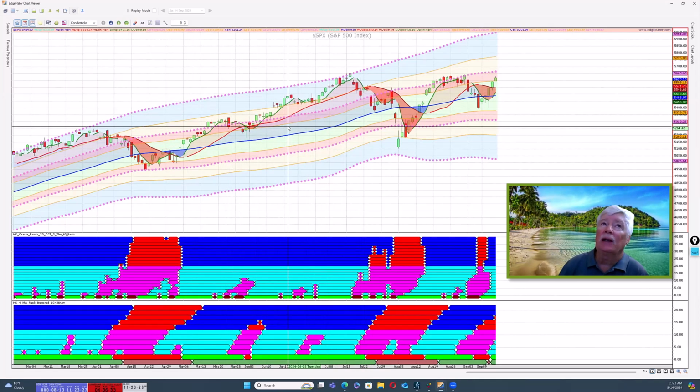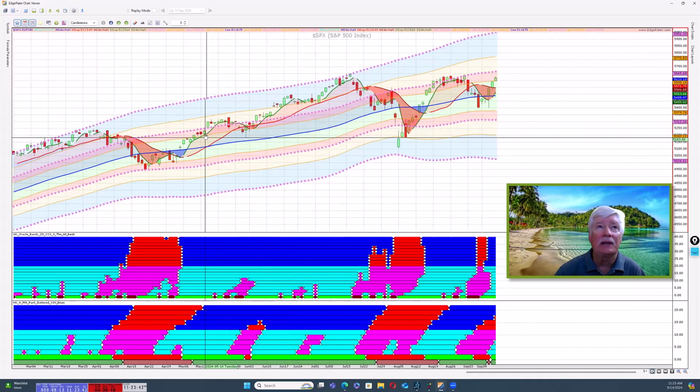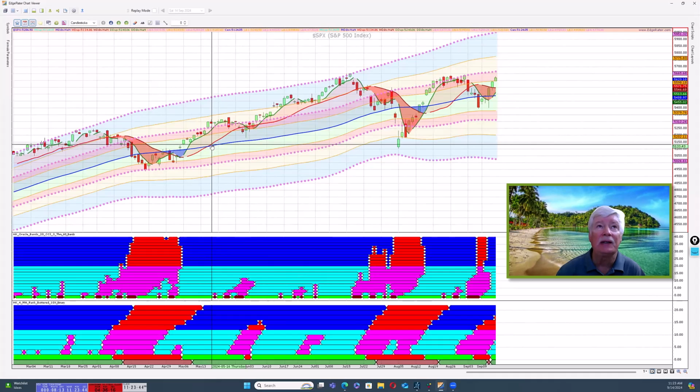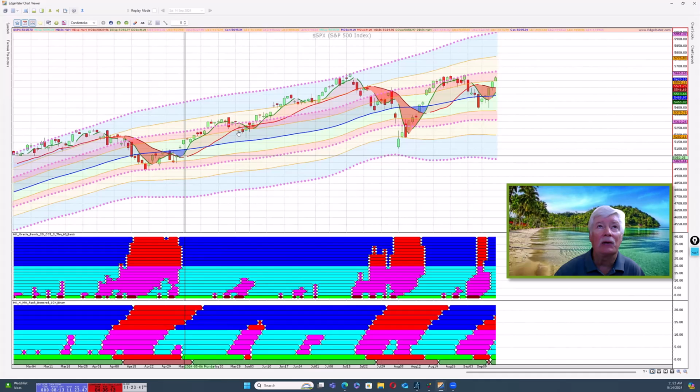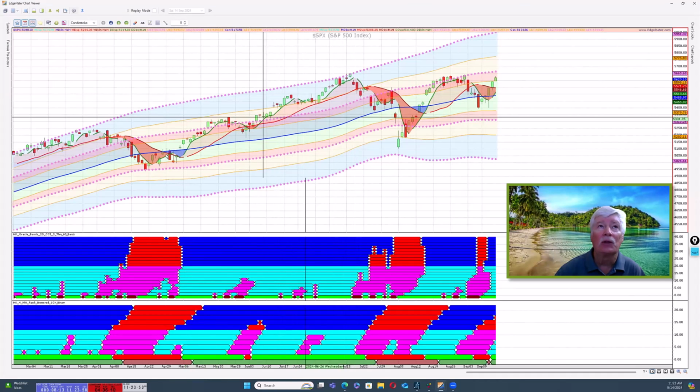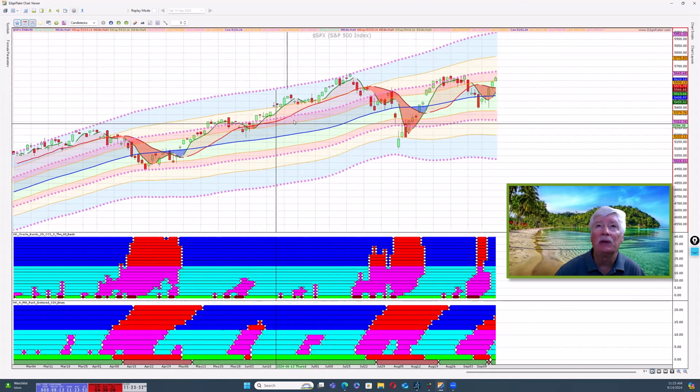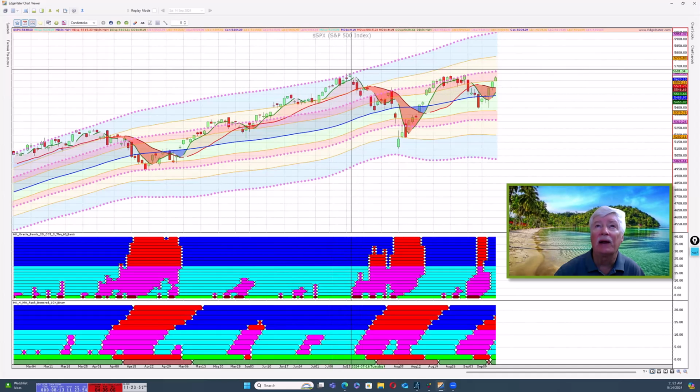So if you were looking at a weekly chart and you want to compare daily to weekly, there are 5 bars in a week. So to look at the weekly one, you would have to multiply 3 times 5, which gives you 15. This is what it would look like on a weekly chart, where the price pushes up, stays bullish above that.